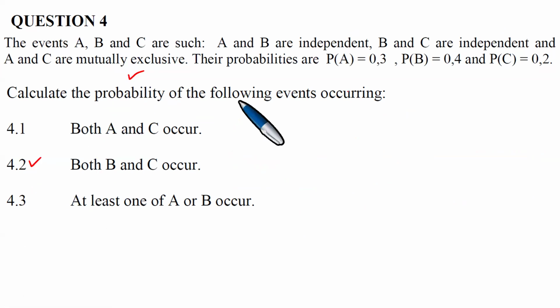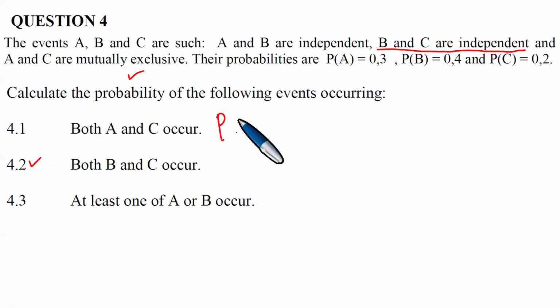Calculate the probability of the following events. In 4.2, both B and C occur. Simultaneously, we check that B and C are, what kinds of events are these? B and C are independent events. Right, so what do we know about independent events?